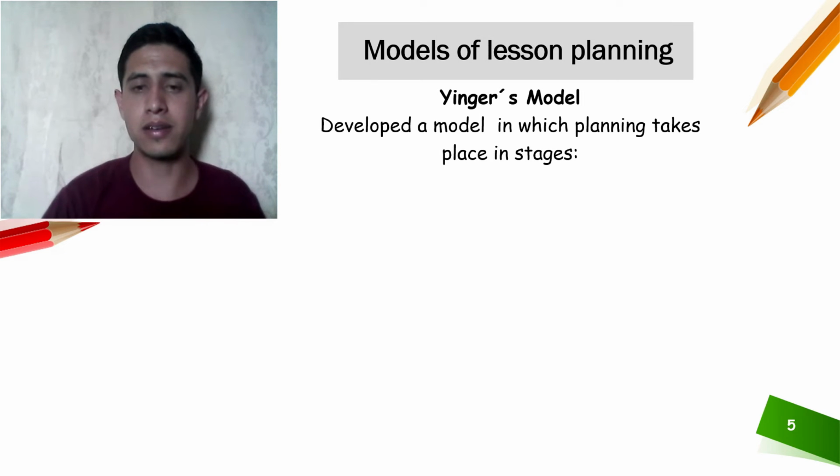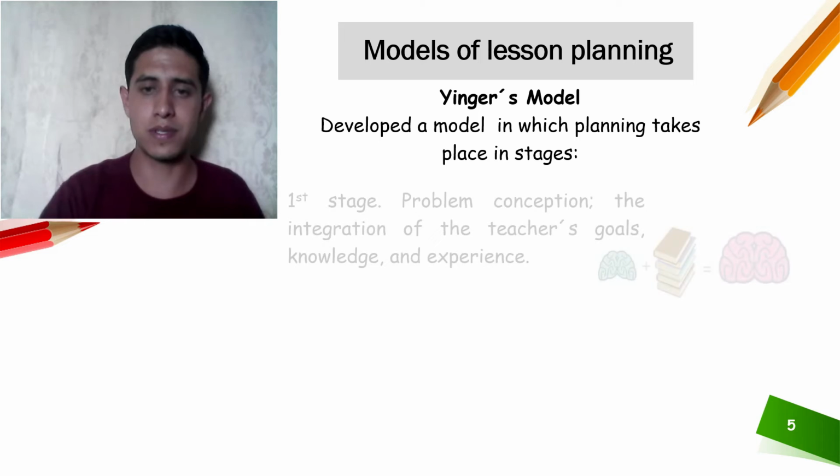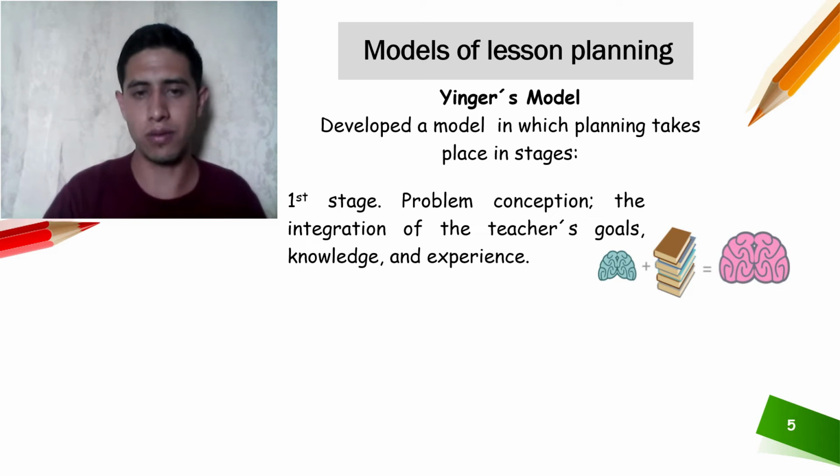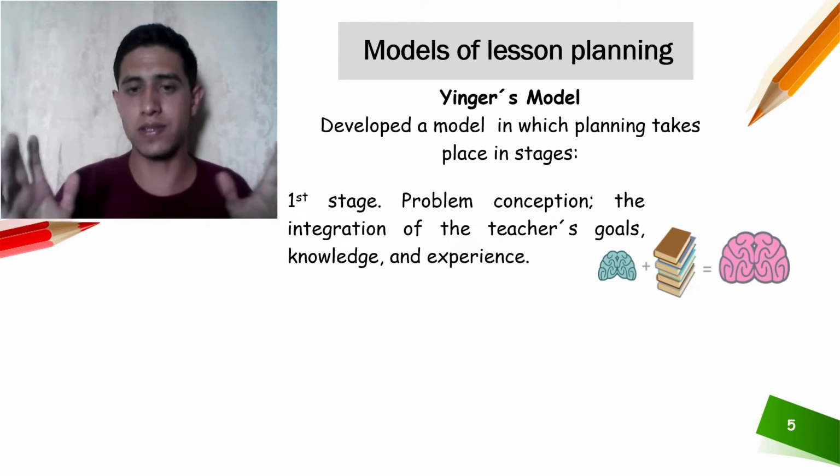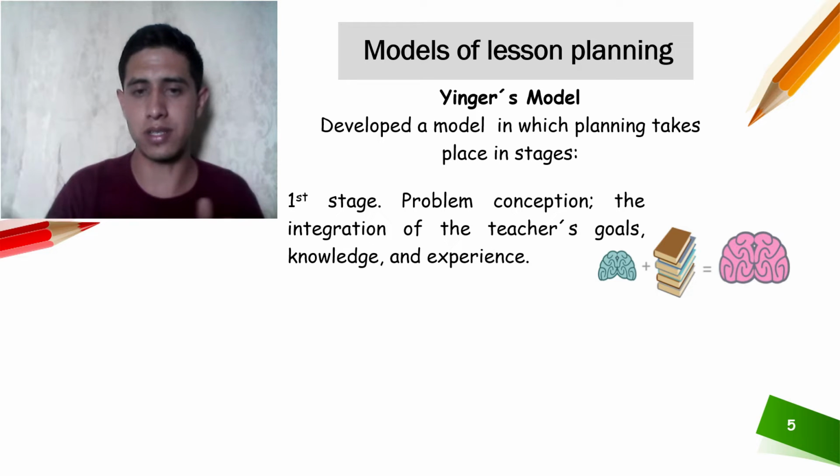On the other hand, another model is Ginger's model. He developed a model in which planning takes place in stages. These are three steps. The first stage is problem conception, the integration of the teacher's goals, knowledge, and experience. This is only about the teacher.